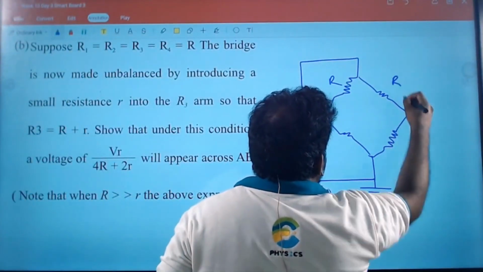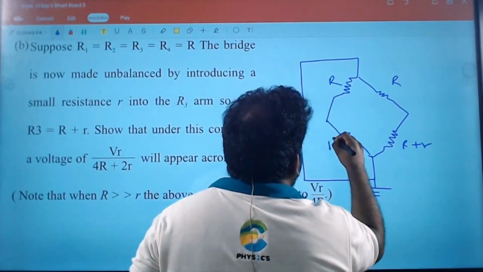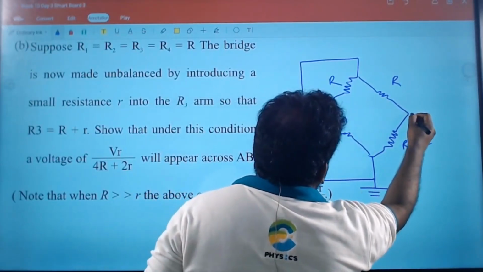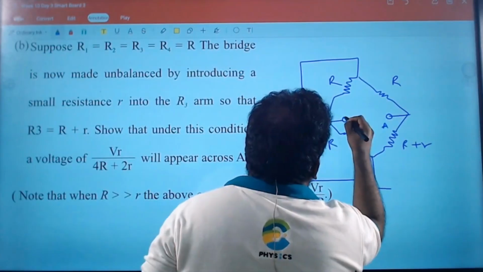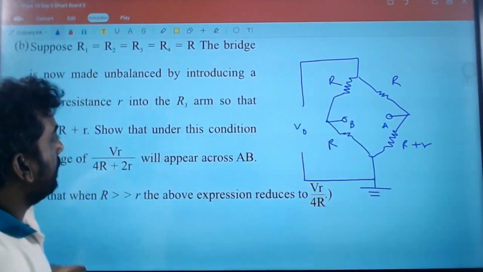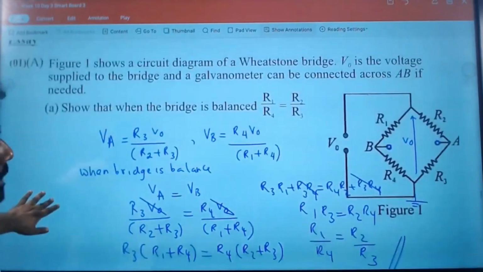R1, R2, R3, R4. Terminal A, terminal B. See if they mark that correctly? Yeah, A and B.